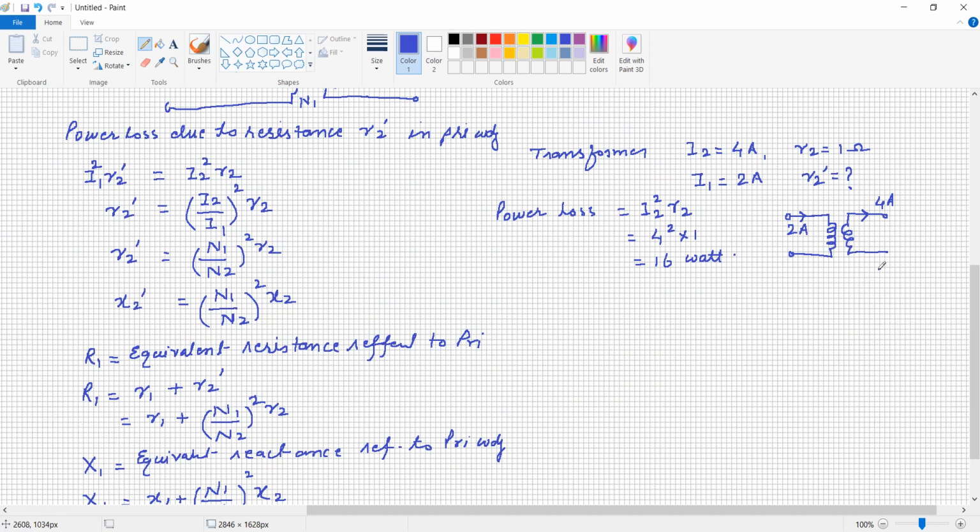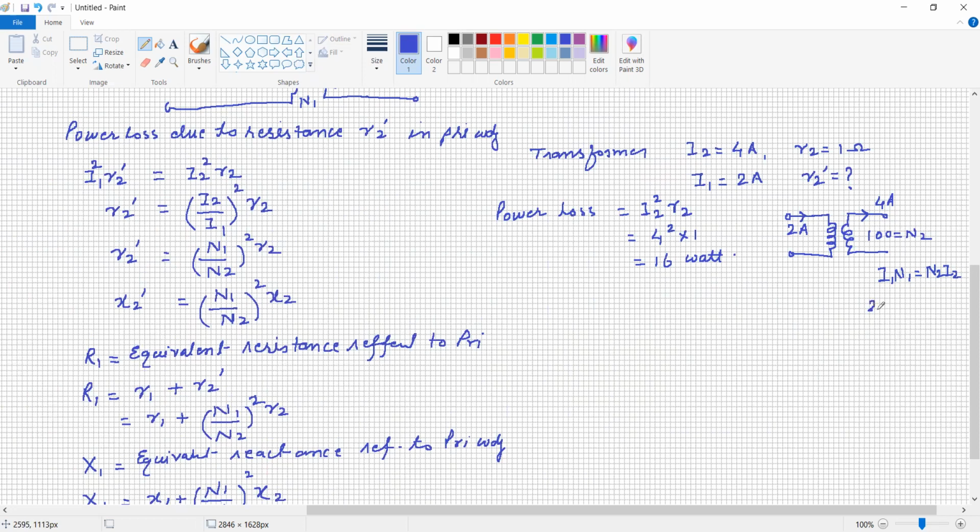How is it? It is I1 N1 is equal to N2 I2. Okay, suppose here the number of turns is 100. If I take the number of turns here as 100, so what would be the value of number of turns here?